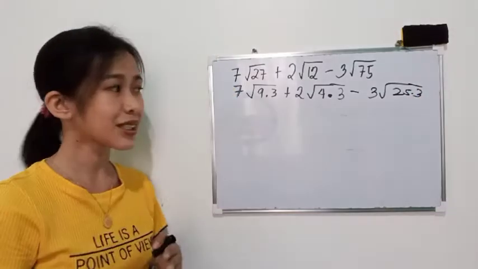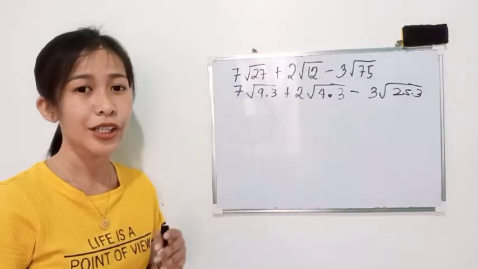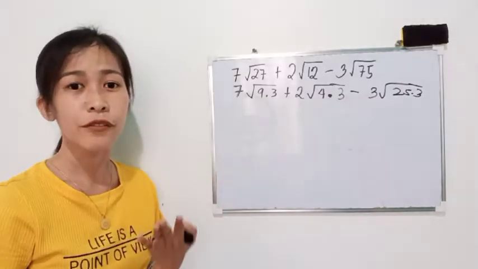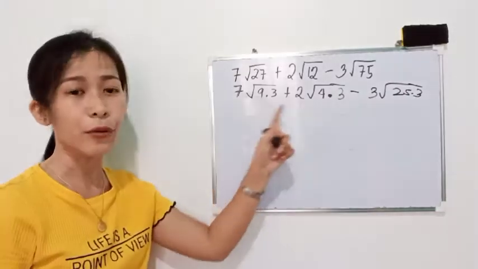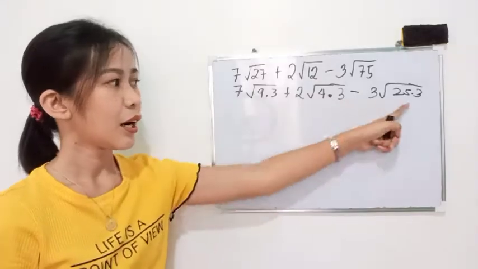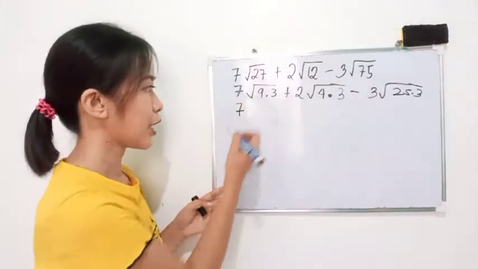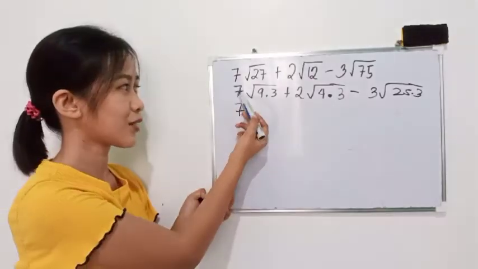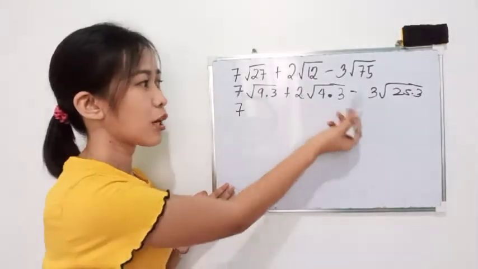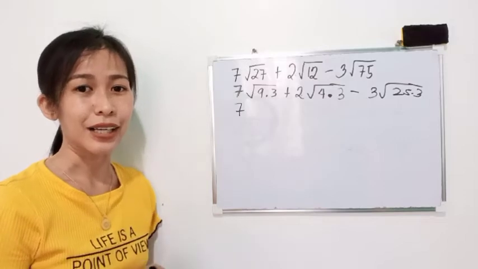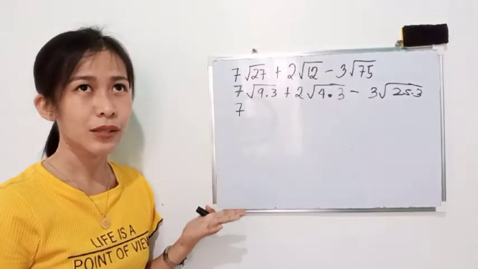Alright? Then the next step is to simplify or to get the perfect square of those numbers na merong perfect square dito sa ating mga factors or sa radicands. Okay? So, copy lang palagi, 7, or yung coefficient. Ang tawag pala dito is coefficient. Ayan, mga coefficient sila ng radicals. Okay? Pwede din constant.